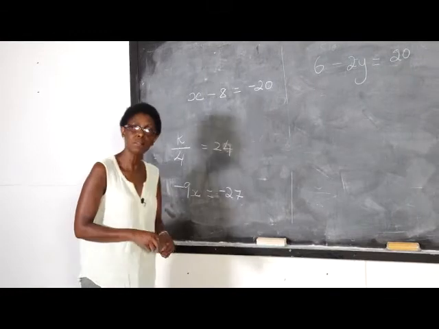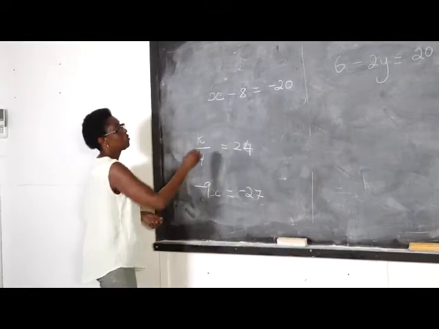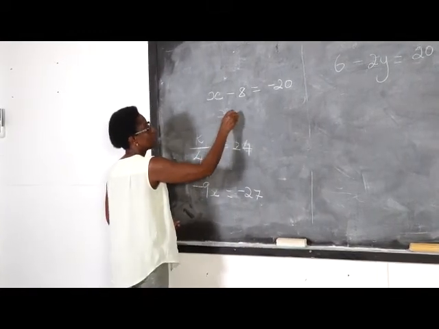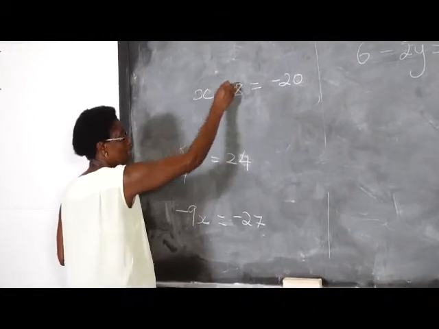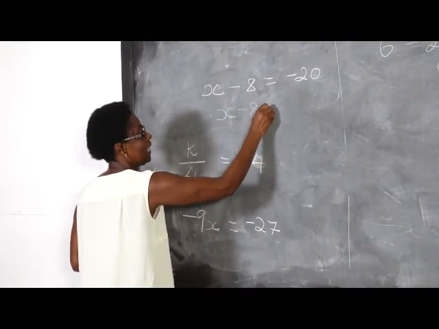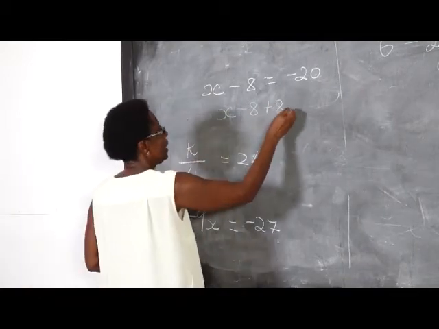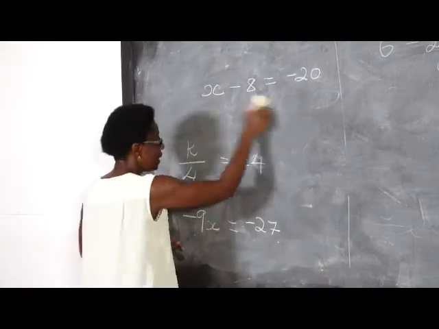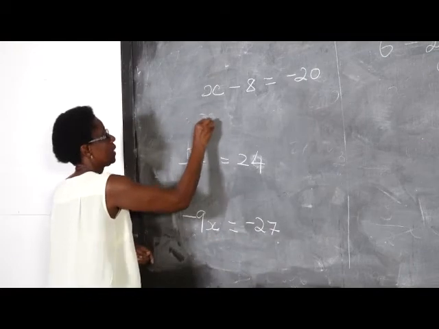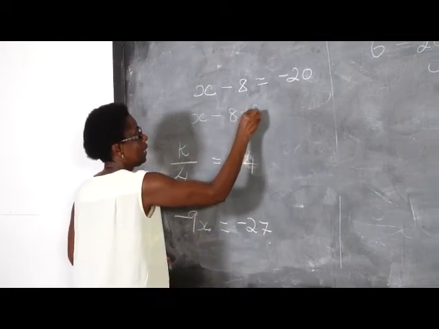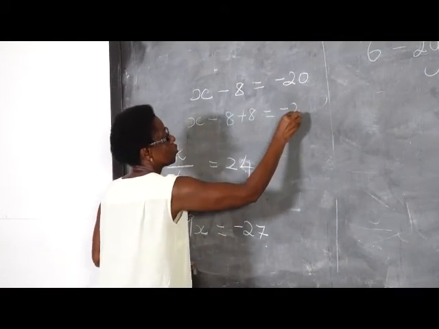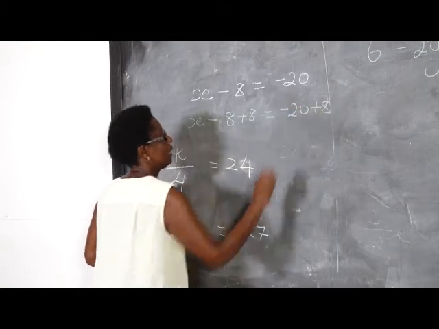Okay, good. Let's have a look at the answers there. So you've got x minus 8 equals minus 20. This is a minus 8, so we're going to add 8. Let me just move it slightly to the other side so I get the equal sign. So add 8, equals minus 20, add 8.